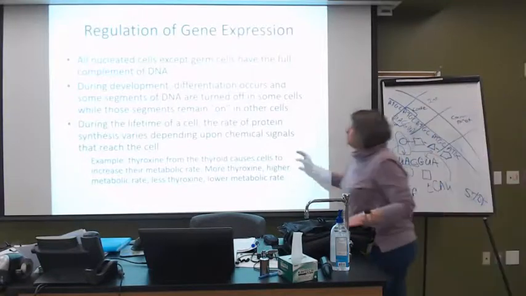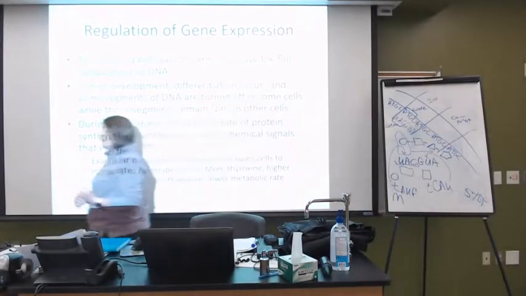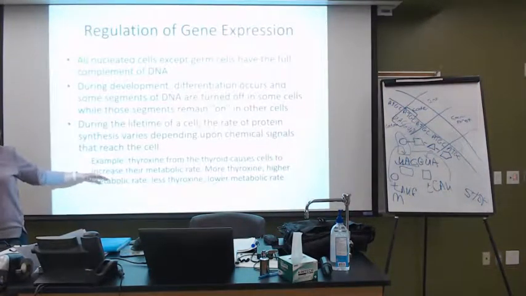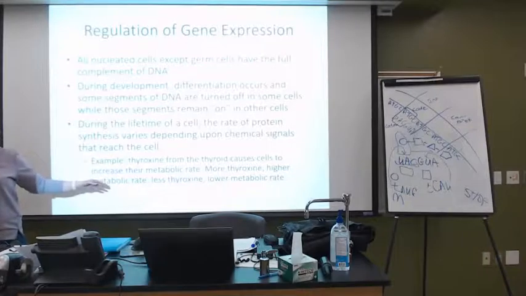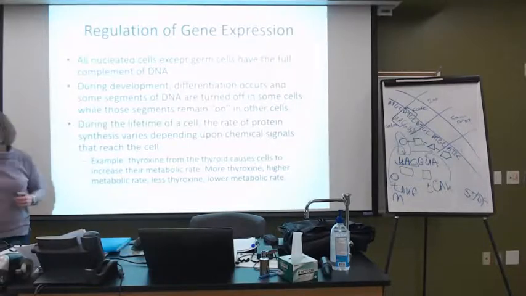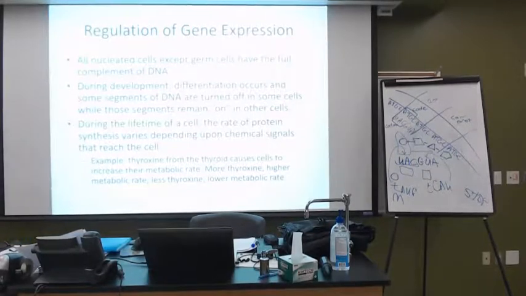Other times for the control are where we're going to have cells making materials as we need them. So the ability, for example, to make the thyroid hormone, that's going to be made based on what the body needs. So it may not be that it has a life cycle of being produced every 24 hours.